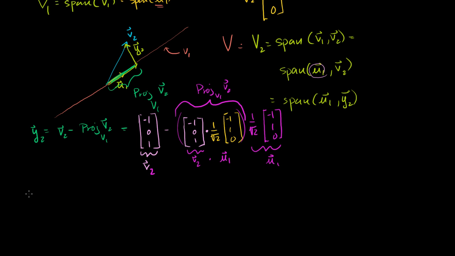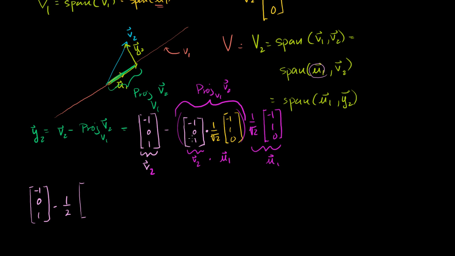So this is going to be equal to the vector minus 1, 0, 1 minus, now if I could take the 1 over square root of 2 on the outside. Actually, I could take both of these onto the outside. So 1 over the square root of 2 times 1 over the square root of 2 is just going to be 1 over 2, right?